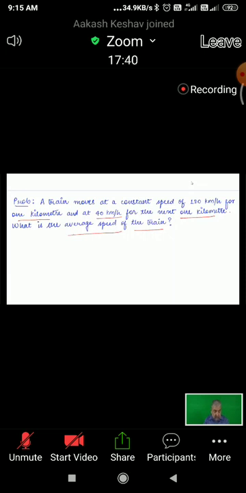See, always keep in mind that whenever you have to calculate average speed, you have to take total distance traveled by total time taken. Bhavana, correct answer. Nitish, correct answer. Nitesh Gupta, Abhishek Rajput, Mitendra Kumar.